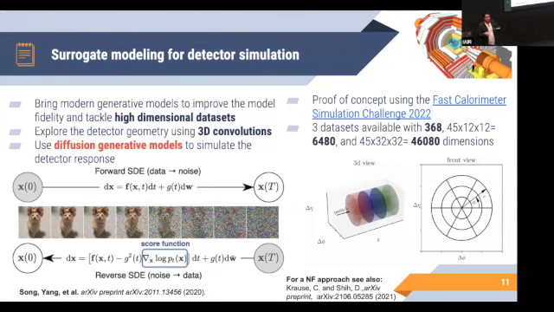Everything was flattened out, so the information of the detector is not very complete in this case, but the other ones are box-like detectors, where we have 45 layers. Each layer is 12 by 12. That's data set 2, about 6,000 dimensions. The other one is much bigger and more granular: 45 layers, 32 by 32, giving a total of 45,000 components. So that's the goal that we want to simulate.